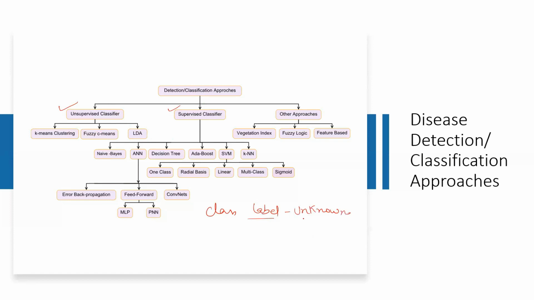It is not known in the data whether this picture suffers from a disease or not. So you just apply the K-means clustering algorithm, fuzzy C-means, linear discriminant analysis. These will automatically try to identify and predict some labels. But this is not very useful for image-based or deep learning systems. So you are interested in supervised classifiers.